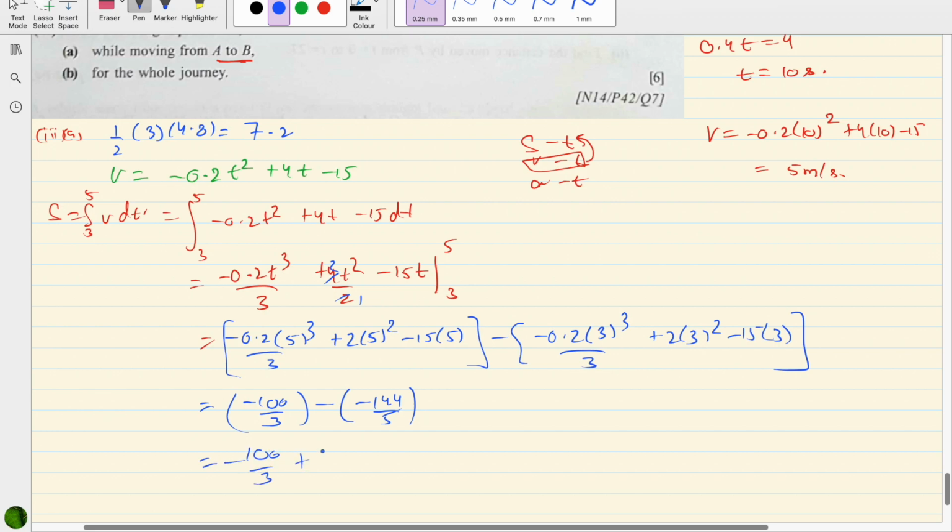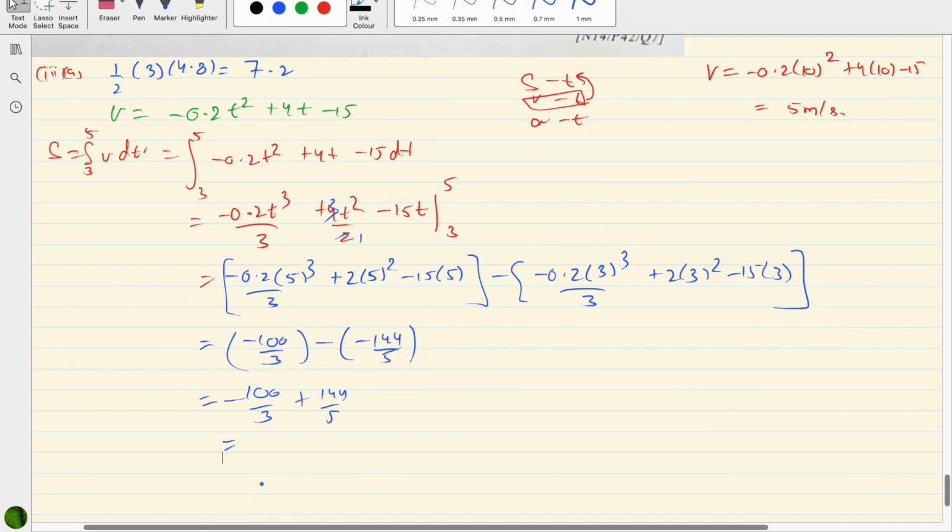So negative 100 by 3 plus 144 by 5, and that gives us negative 68 by 15, which is negative 4.53 recurring meters.